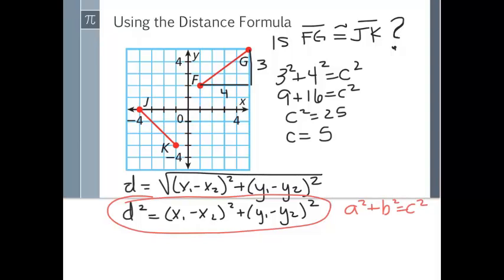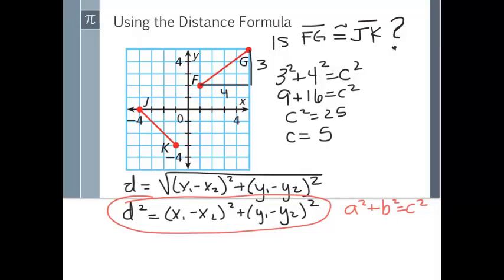Now take a look. That d squared is really the hypotenuse of your triangle, right? If you think of this JK, we're finding the distance. That's really just the hypotenuse of the triangle that we could draw. The a squared and the b squared come from finding the y distance and the x distance, right?